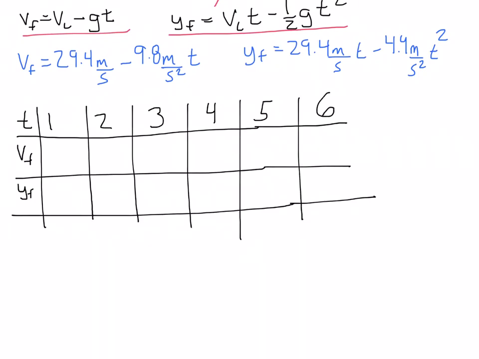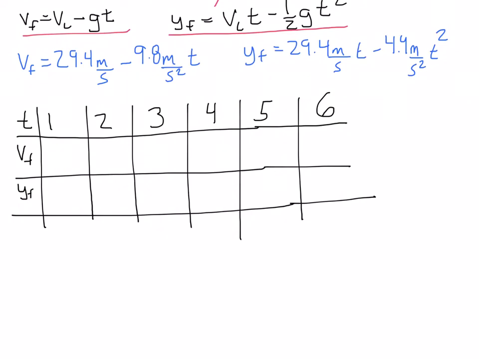To find the final velocity at each of these times, we're going to take the time and substitute it into this equation here. As we substitute t equal to 1, and t equal to 2, 3, 4, 5, and 6, we're going to get these final velocities.